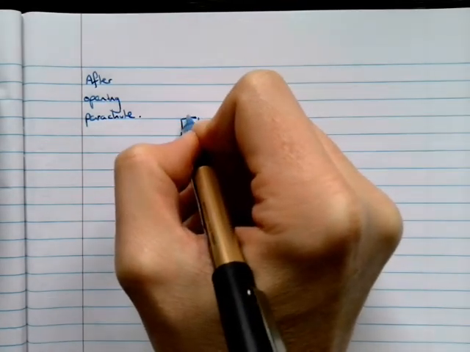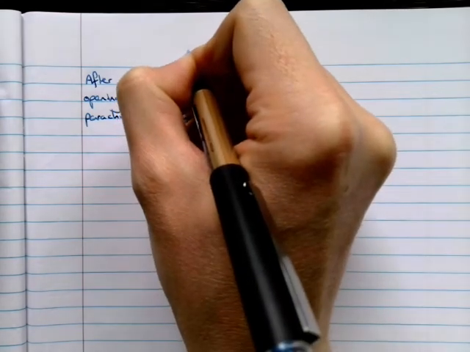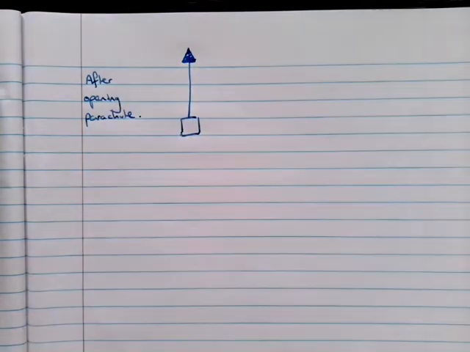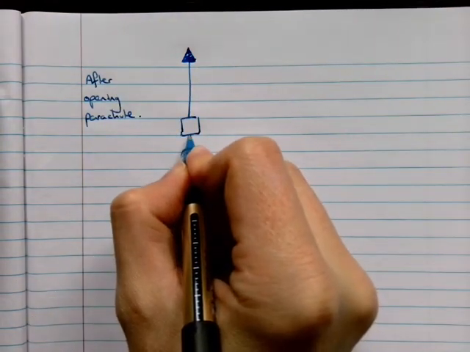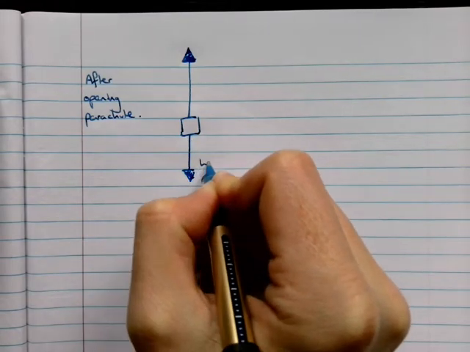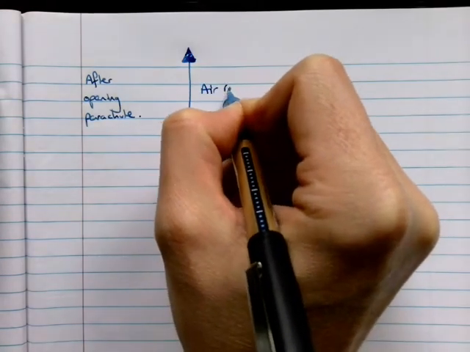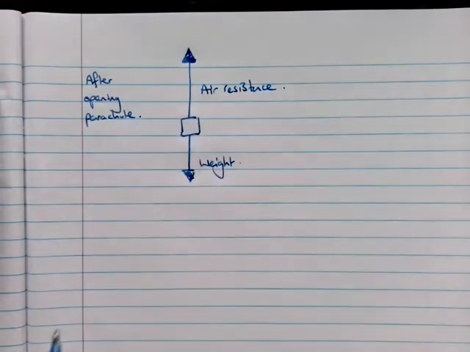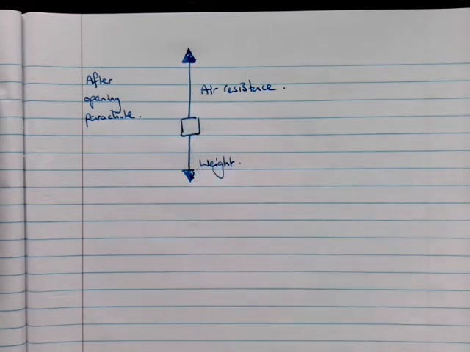You have a really big air resistance force, because the parachute creates lots of air resistance, and that's much bigger than the force due to your weight. It doesn't matter exactly how big these are, this isn't to scale, but the important thing is that your air resistance is larger than your weight.